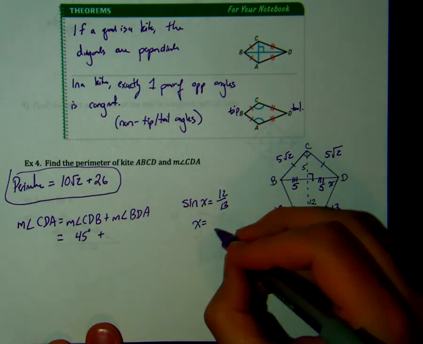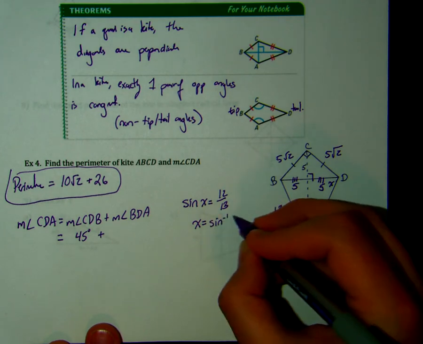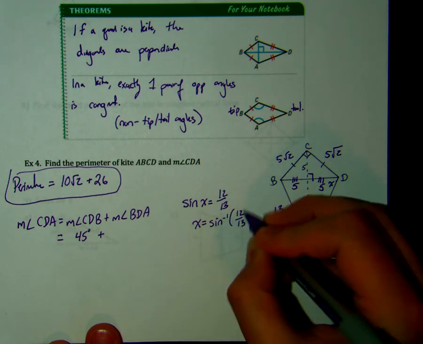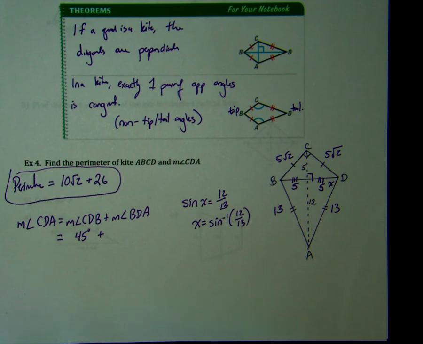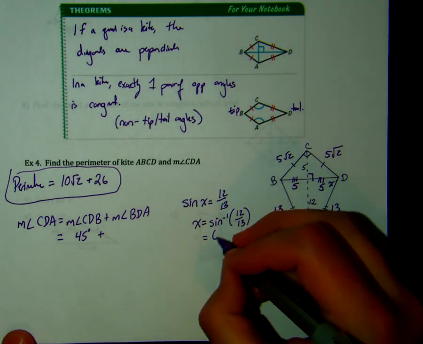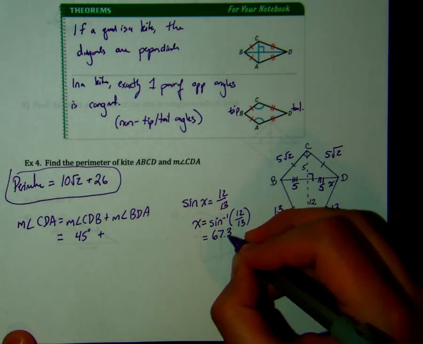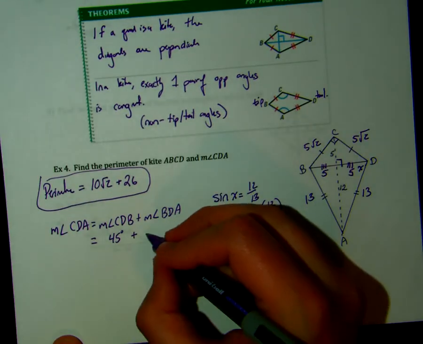So the measure of that angle is going to be the inverse sine of 12 over 13. You do want to make sure that your calculator is in degree mode. So the inverse sine of 12/13 is about 67.38 degrees.